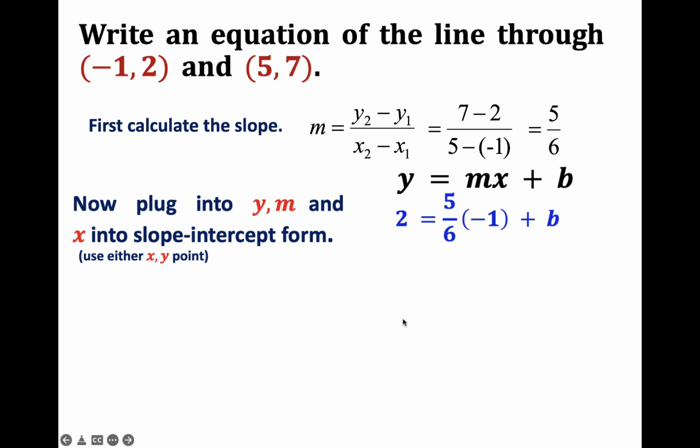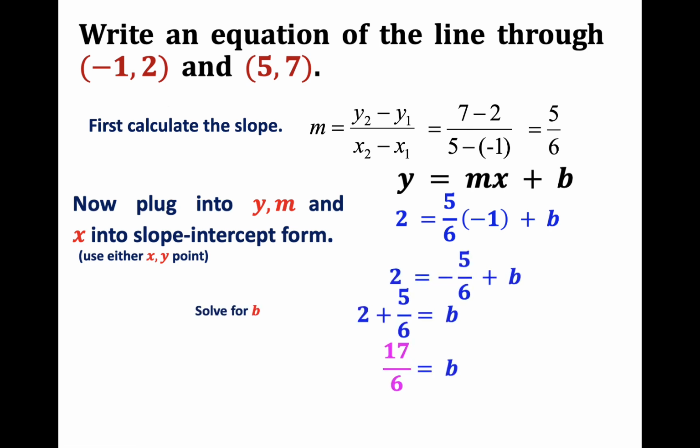So, nakita natin, ayan o. Okay, for the value of slope, this is 5 over 6. So, yung 2, ito, -1, yun yung x and y natin. Okay, next, solve for b.